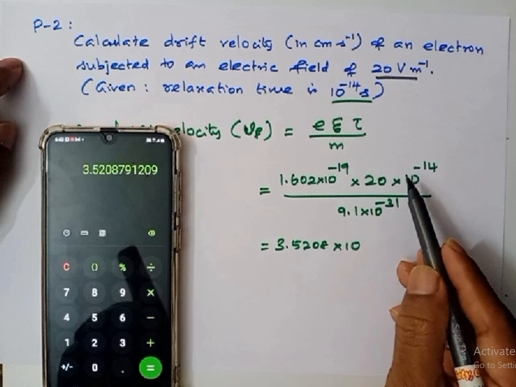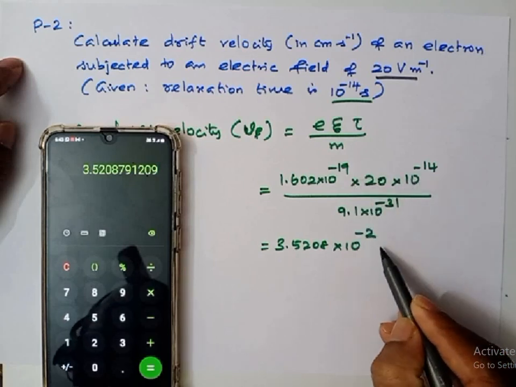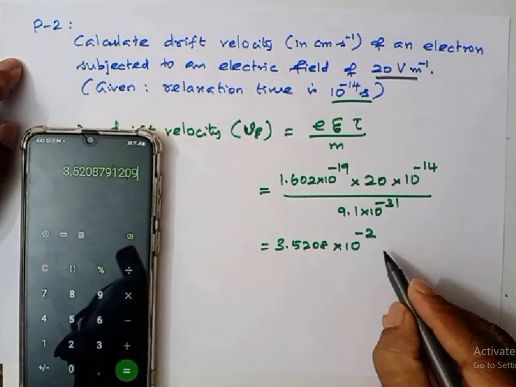If 10 power minus 31 comes to the numerator, you will get 10 power plus 31. So you will get 10 power minus 2, correct? Meter per second.